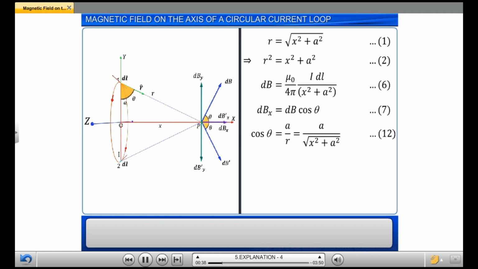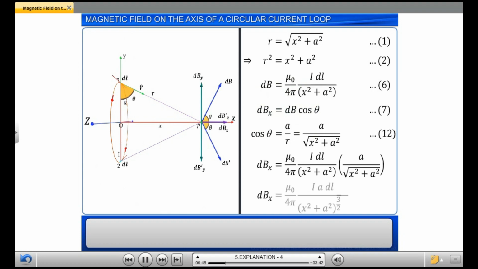On substituting equations 12 and 6 in equation 7 and simplifying, we get dBx is equal to mu naught by 4 pi into I a dl by x square plus a square whole power 3 by 2. Let this be equation 13.